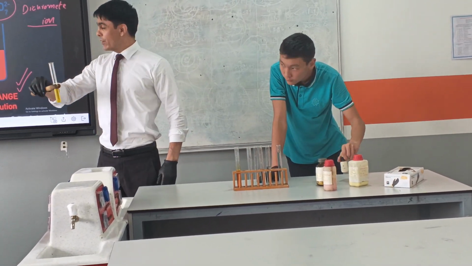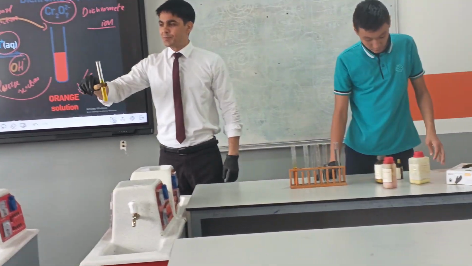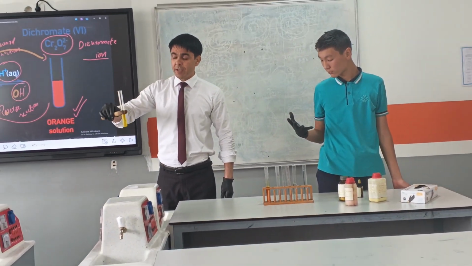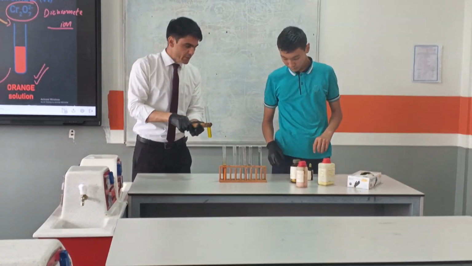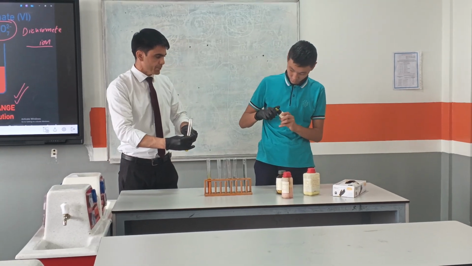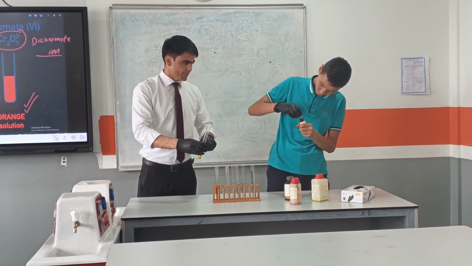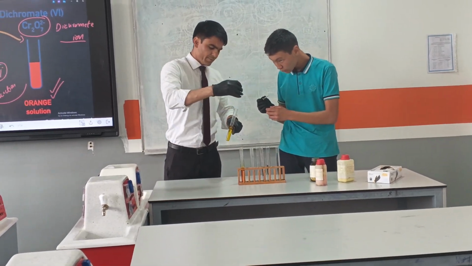Now, who can explain what we have to do if we want to change yellow to orange? Acid. We will add acid. Okay, so let's see. The acid is here.